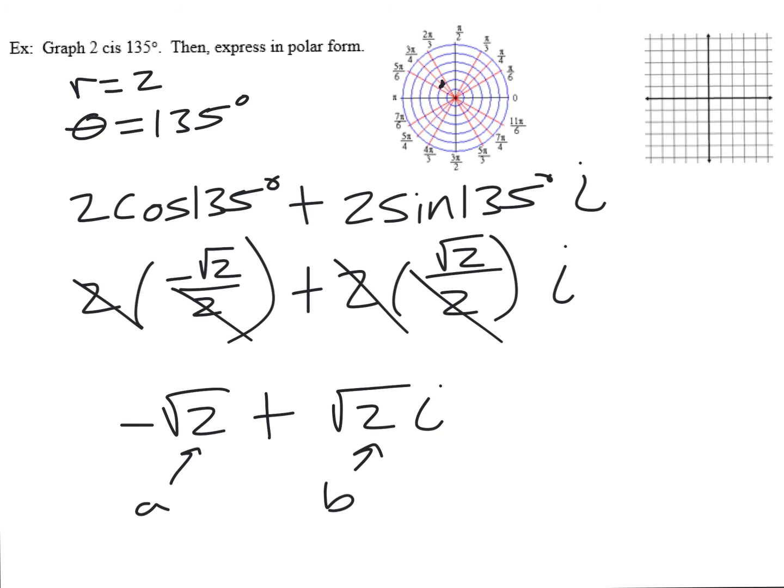So we went from starting in polar, converted it to rectangular, in that a plus bi form, which previously, we haven't worked a ton with complex numbers. It's always been in rectangular form.